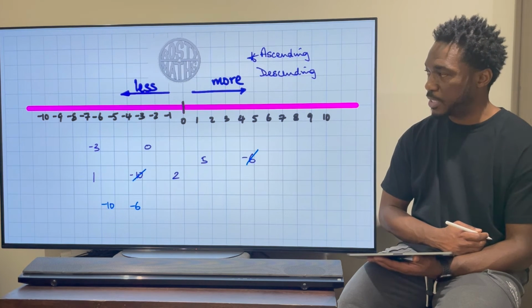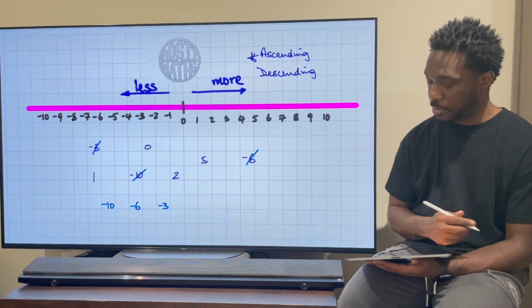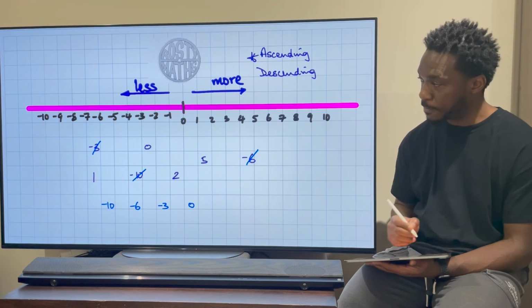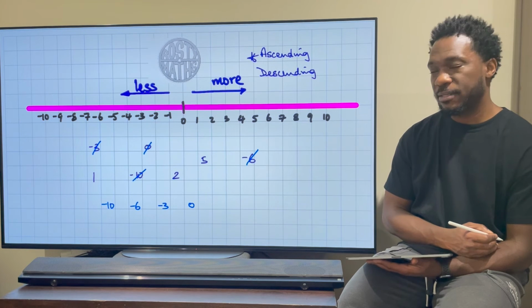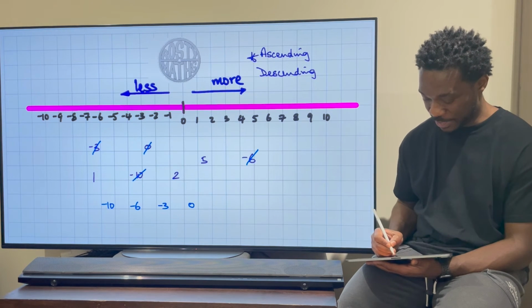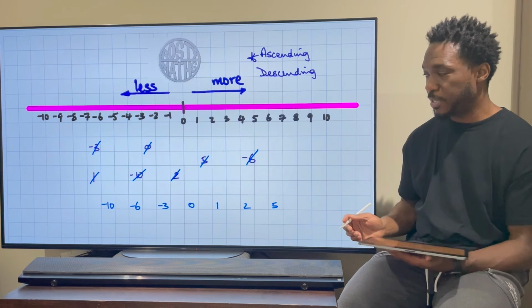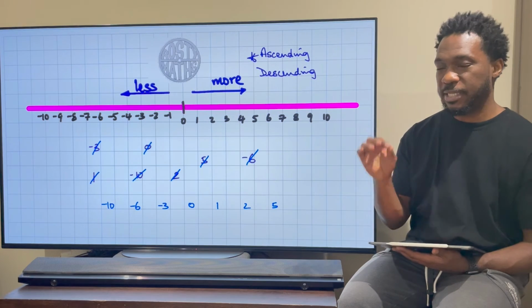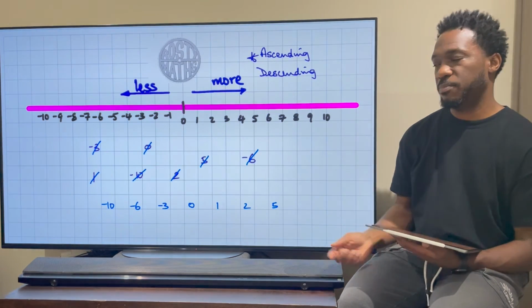What's my next smallest number? Well, that's negative 3. Line through that. My next smallest number, that's going to be 0 now. Let's put a line through this one. And then the rest are really easy because now it's going to be 1, 2, and 5. Okay? And that's our numbers in ascending order from the smallest to the biggest.